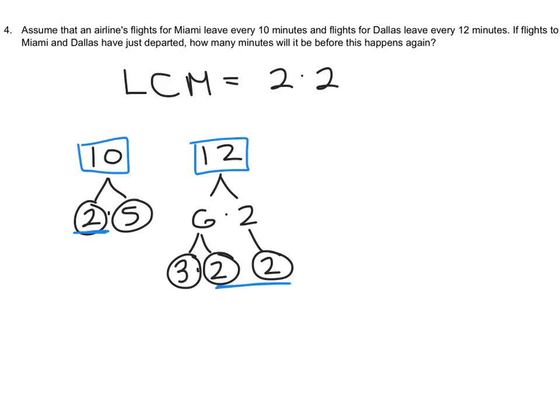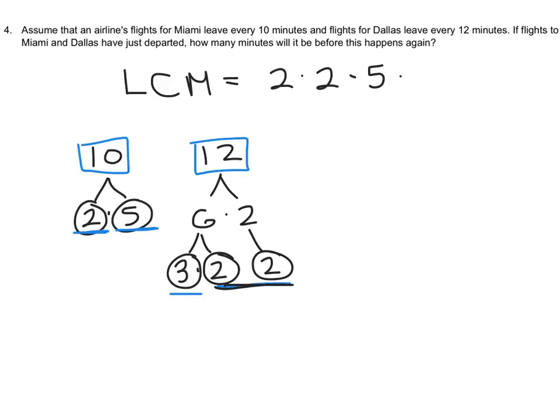Now I want to look at the factor 5. 5 occurs 1 time in 10, and it occurs 0 times in 12. So the greatest number of times 5 occurs is 1 time. Now that I looked at all the factors in 10, I'm going to look at the factors of 12. I already took care of the 2's, so the only thing that's left is the factor 3. 3 occurs 1 time in 12 and 0 times in 10.